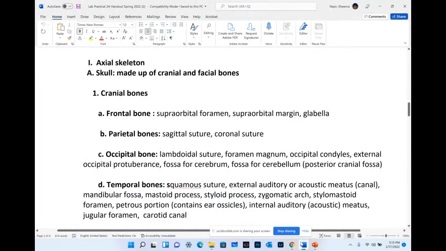Hello everyone. So today we are going to work on the axial skeleton.